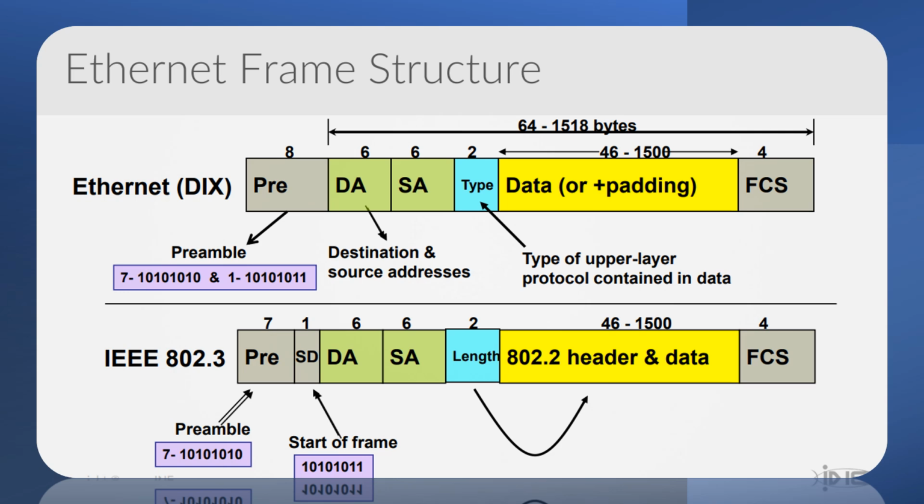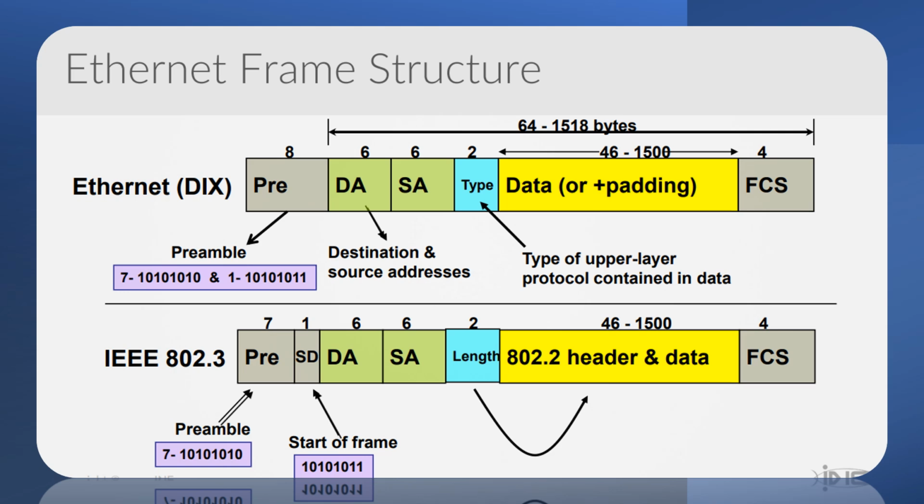You can see the padding as well, because in different OSI layers, headers and tails are attached to the data. This entire thing is put in this segment, that is data or padding.